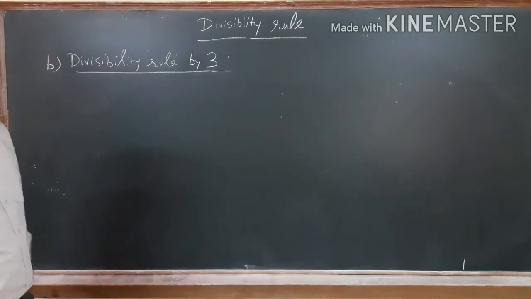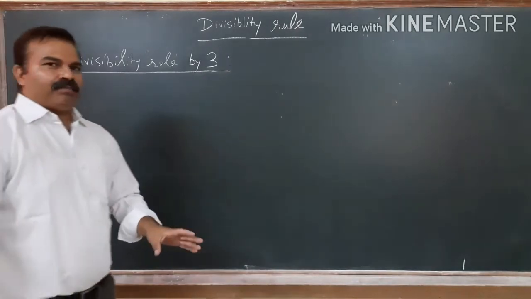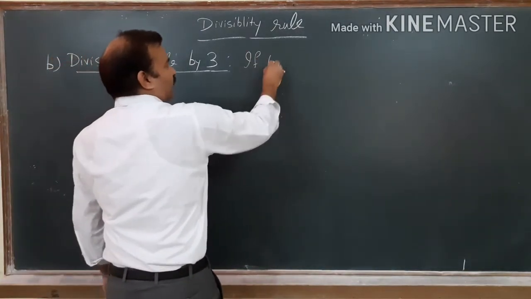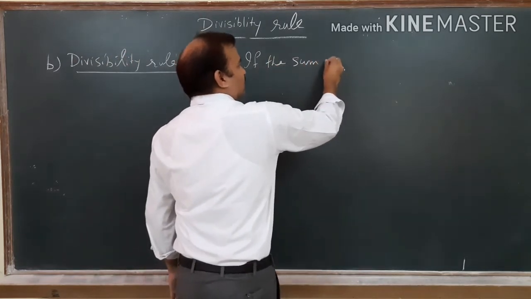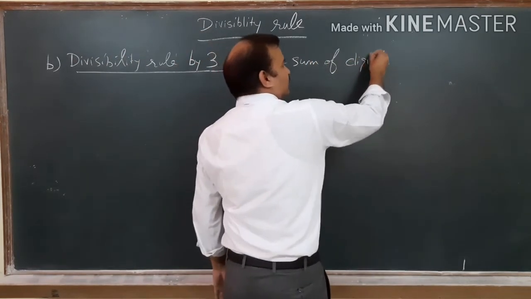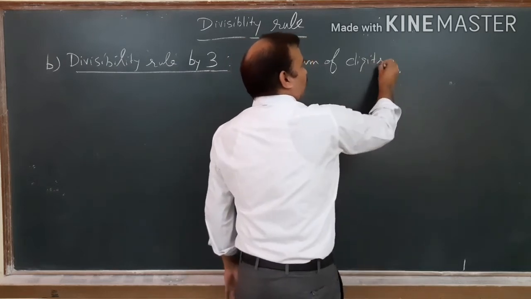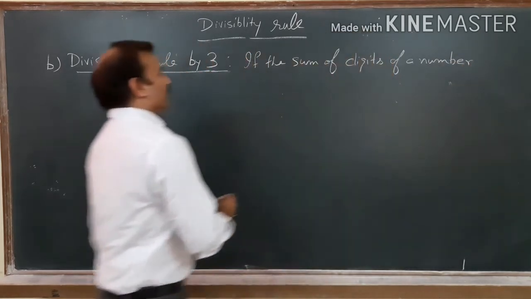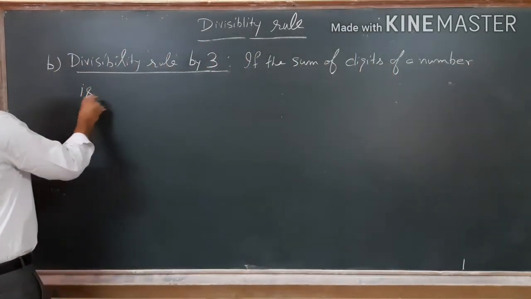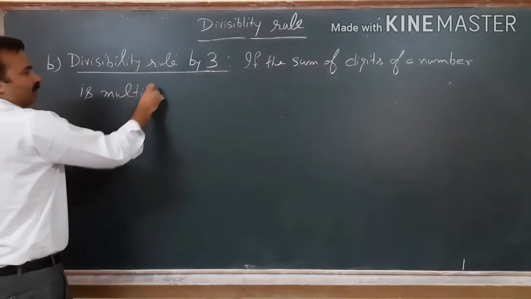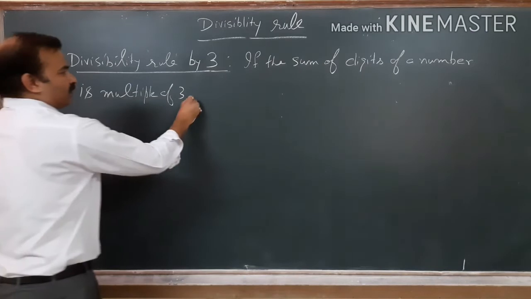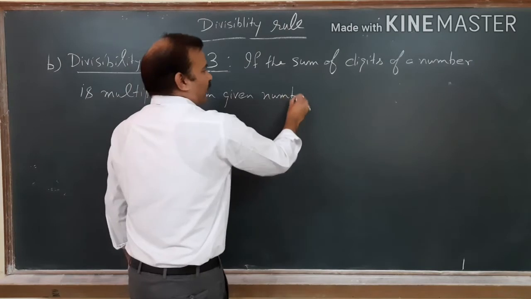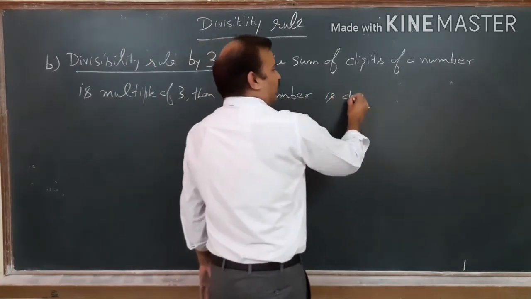Next is the divisibility rule by 3. For any number, however big, we have to find the sum of the digits.